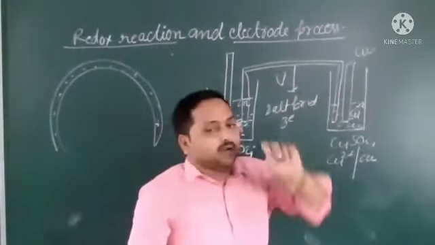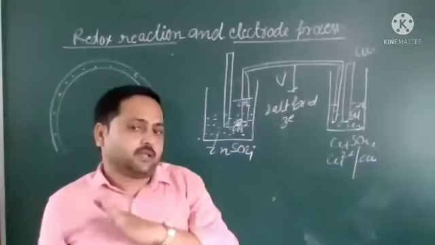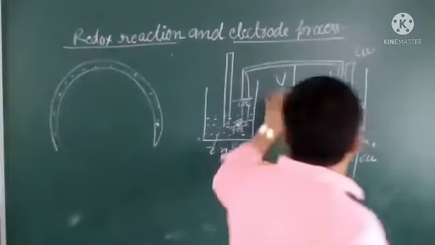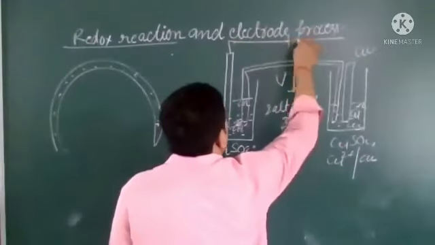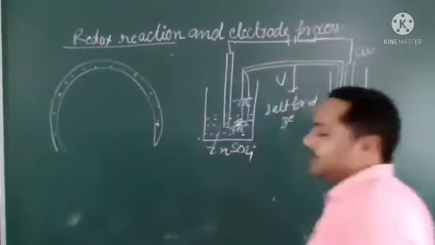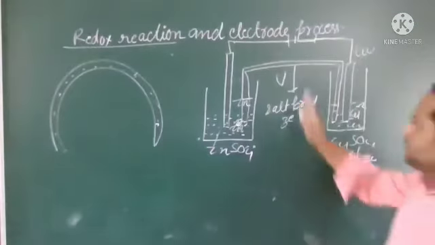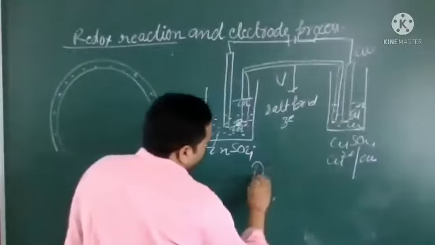So the main function is to balance the charge in both halves. Then we connect both electrodes with an ammeter and key. This will be the setup, and this is called the Daniell cell.